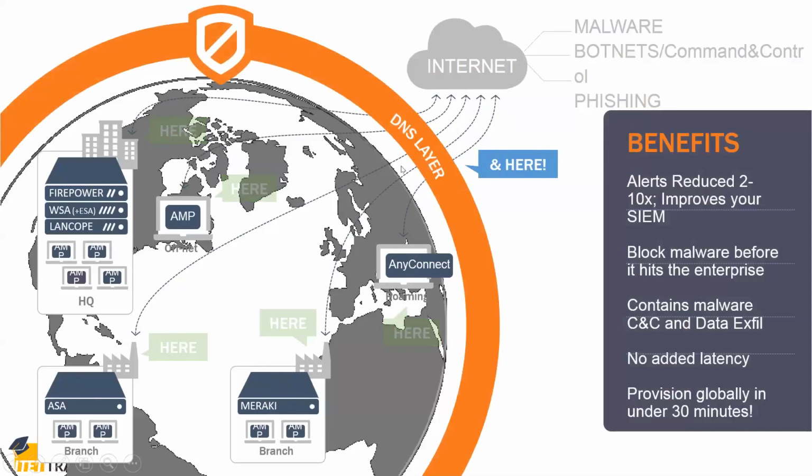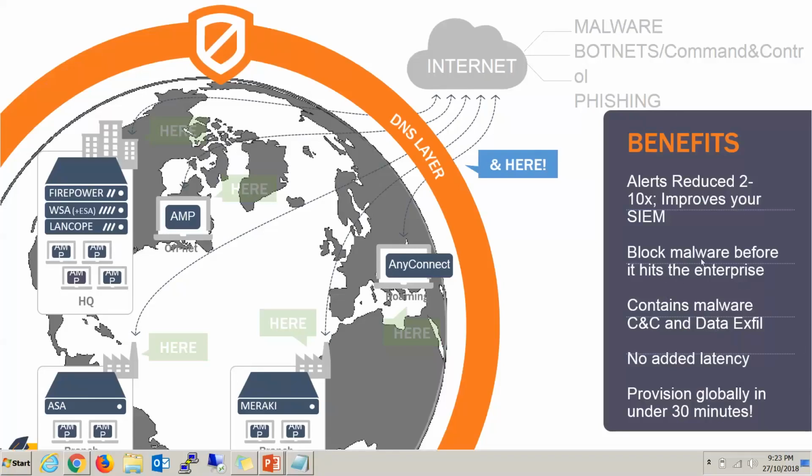Okay, so this DNS request is coming to the cloud, the Umbrella cloud, where you can monitor malware, phishing and command and control. So the benefits are very simple. It blocks malware before it hits the enterprise, and contains malware, C2 callbacks and data exfil.